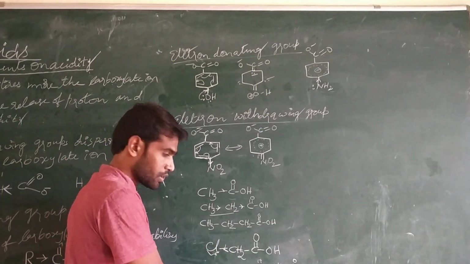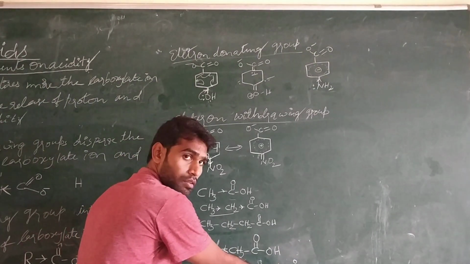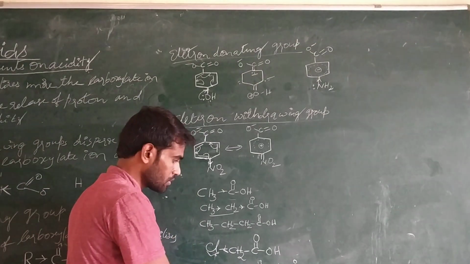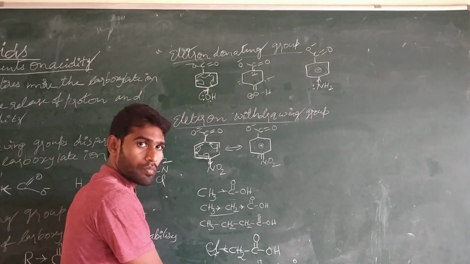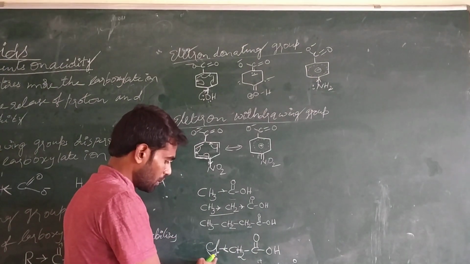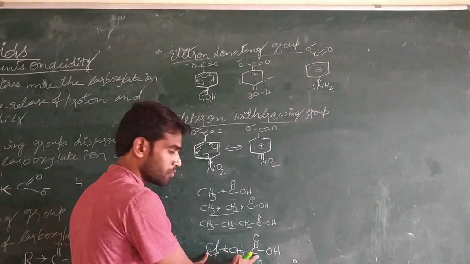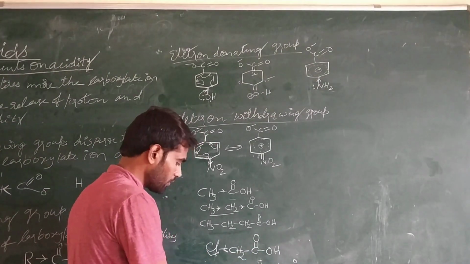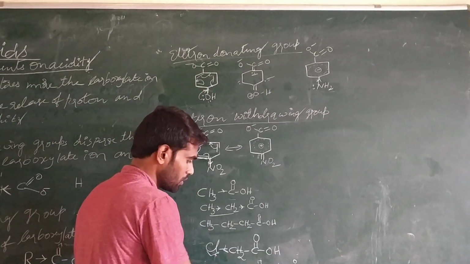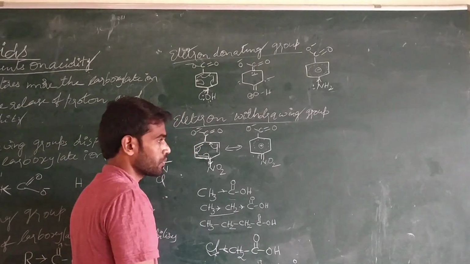In this case, the electron withdrawing group is far from the carboxylic acid functional group, and here the inductive effect is decreased with increasing alkyl chain. And this chlorine electron withdrawing group is far from the carboxylic acid compared to this molecule, and the electron withdrawal effect of chlorine is decreased because we have the alkyl functional groups.